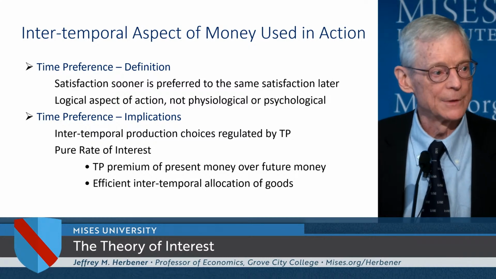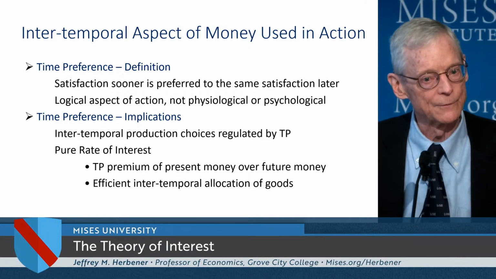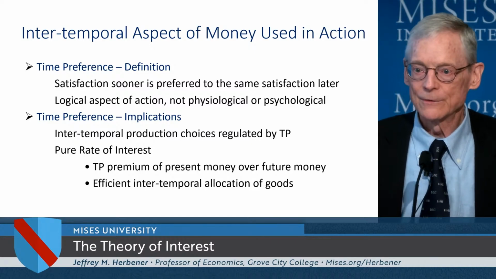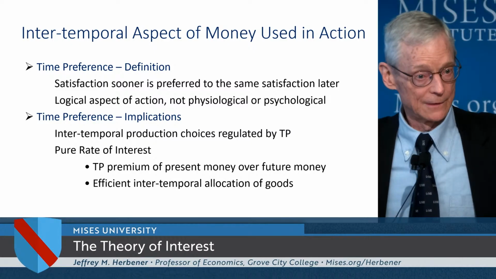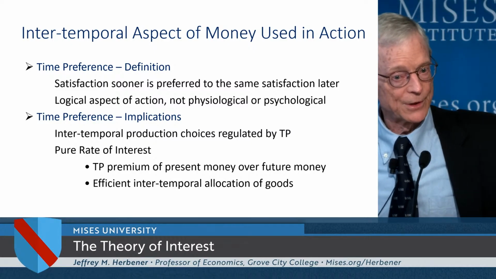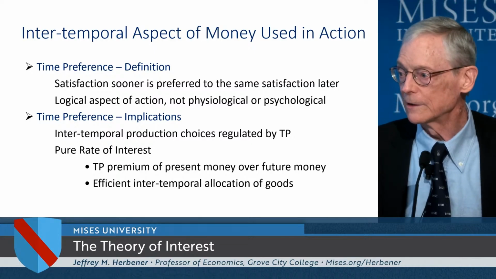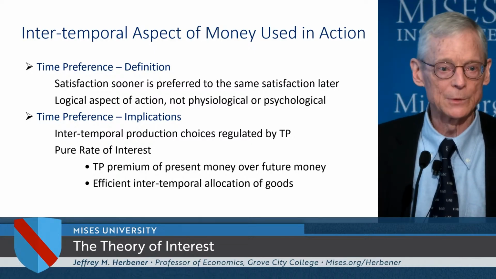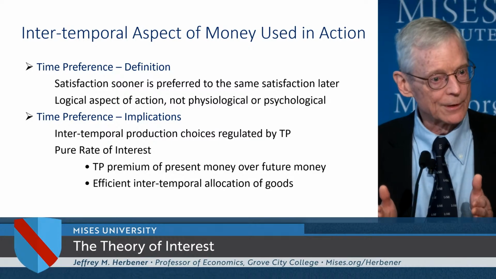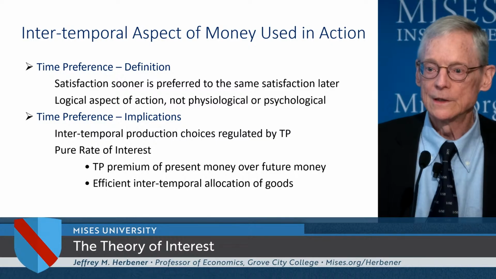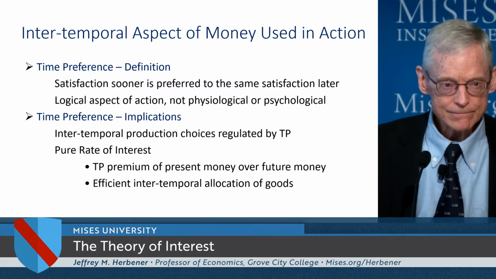As we say in economics, if people have lower time preferences, if they're more willing to incur the disutility of waiting, they'll extend the processes of production out in time. And if they have higher time preferences and are less willing to do this, they'll choose shorter production processes. And so you can see the implications of this right away.